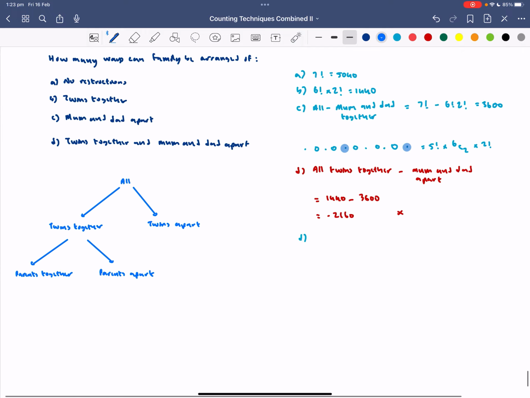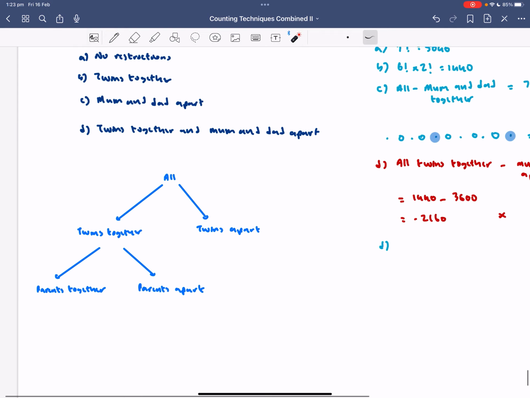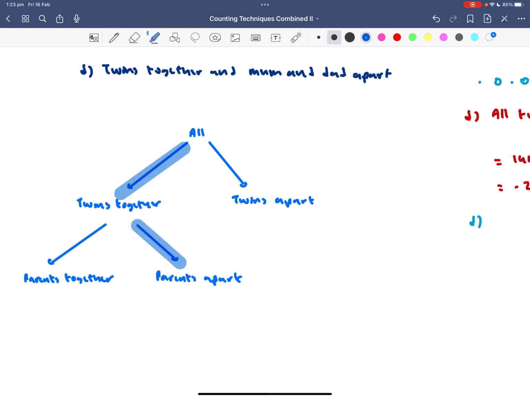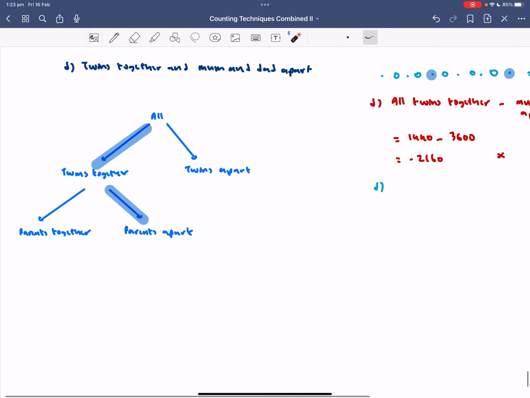Now, this question specifically wants twins together and the parents apart, mum and dad apart. So they specifically want to know how many are this branch right here: twins together, but parents apart. So what you're meant to realize is we want to know this specific combination. Now, the trick to this is the mistake that we made.